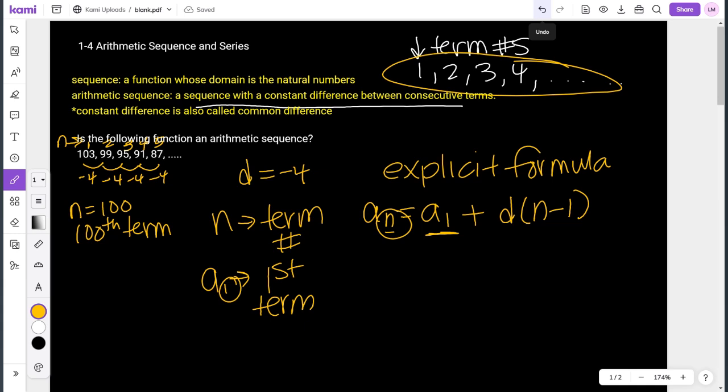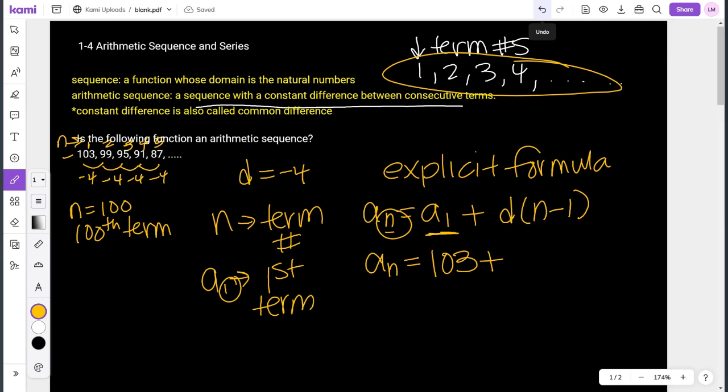All right, so let's see if we can put this arithmetic sequence that we were looking at in an explicit formula. So a sub n, which we're going to use 100 in just a second for that when I'm looking for the 100th term, is the first term plus the common difference.